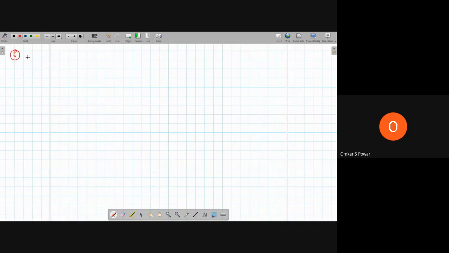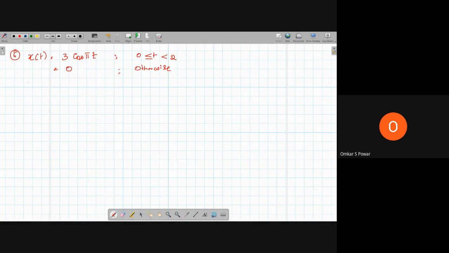So x of t is equal to 3 cos pi t, true if t varies from 0 to 2, and it is equal to 0 otherwise. So how do you solve this problem?